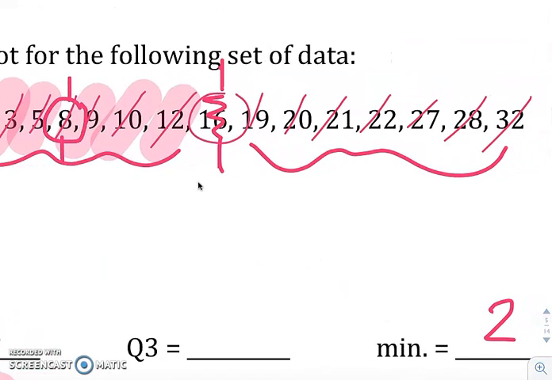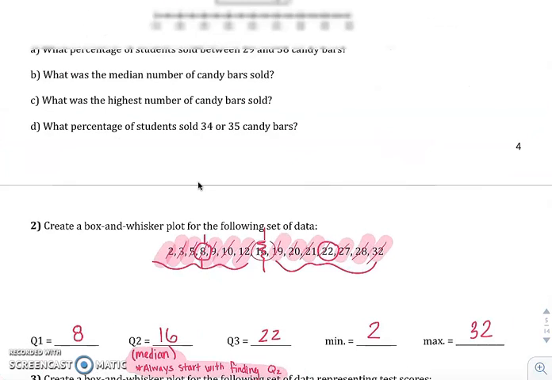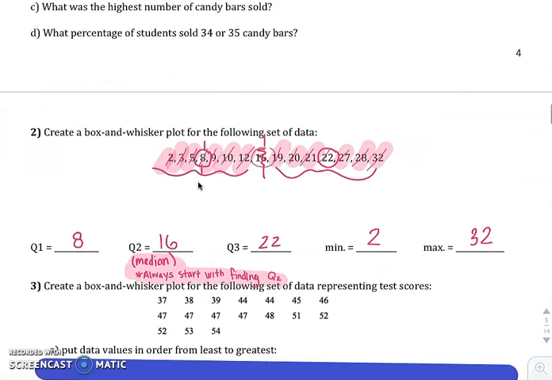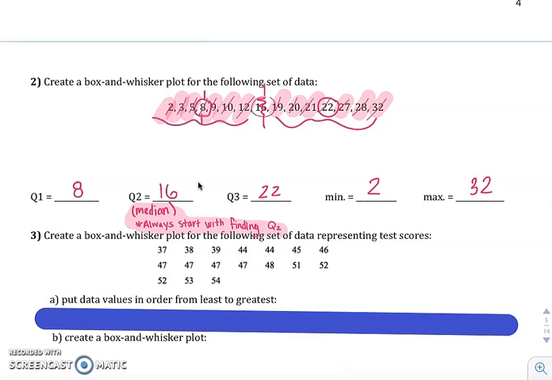The median of the upper half is 22. So when you're creating a box and whisker plot, what you guys are really doing is finding the median 3 times. Find the median of the whole thing, Q2, and then find the median of the top and bottom half of your data. And then we can make our box and whisker.